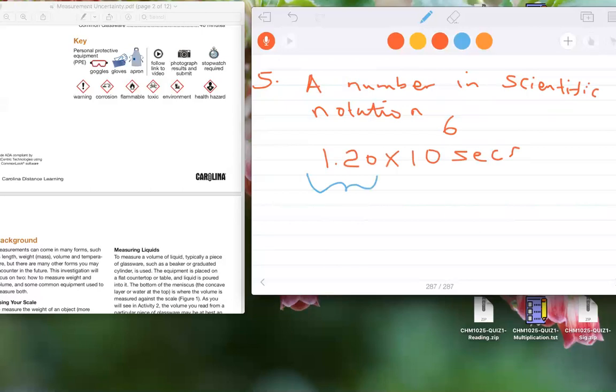So this has 3 significant figures. I can still have the same, 1.2 times 10 raised to 6. This has 2 significant figures.